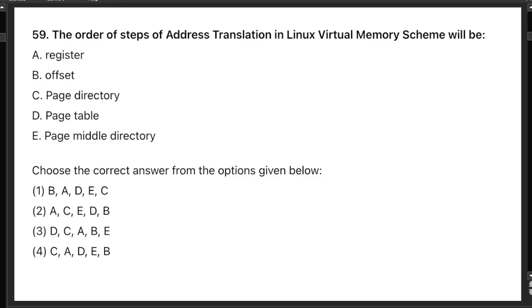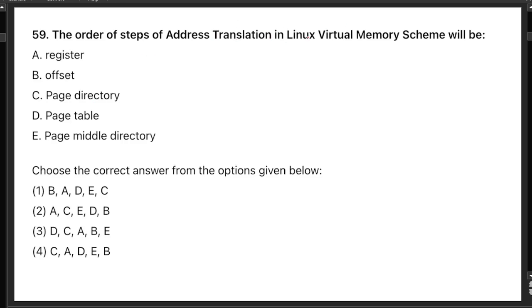All these options are given, and we have to choose the correct answer from the following options below. Now if we see page directory, this is the first step in the address translation process in the Linux virtual memory scheme, accessing the page directory. So instead of just telling this, what if I write this for your better understanding?